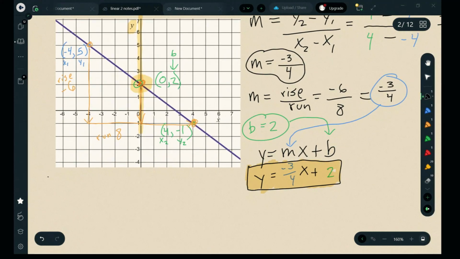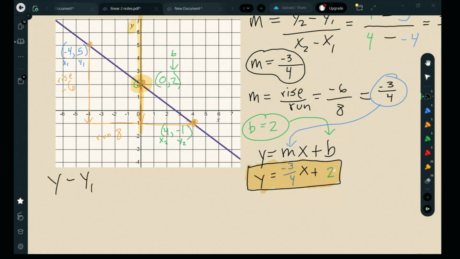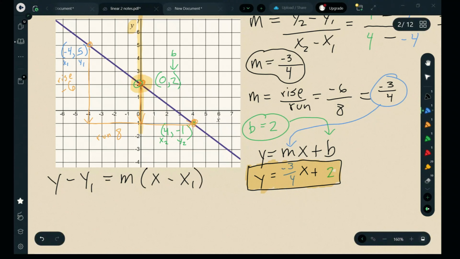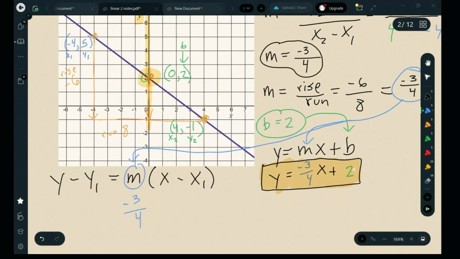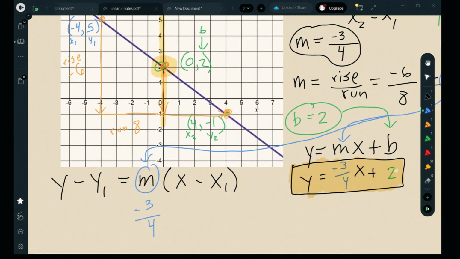I'll write it down right here. y minus y1 equals m times x minus x1, and we have to plug in for the slope. That's going to be this same m value here. It's the same slope that we already calculated, negative 3 over 4. And then we're going to use the x and y coordinates of any point on the line.